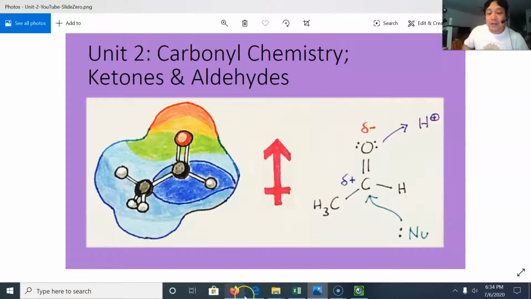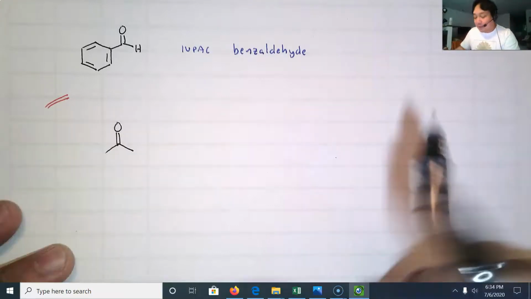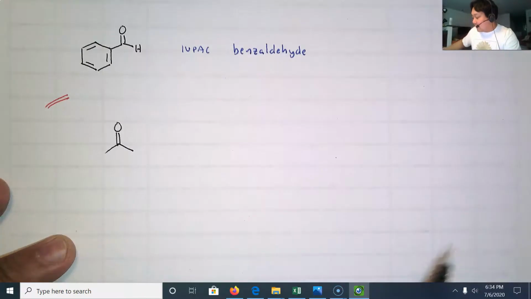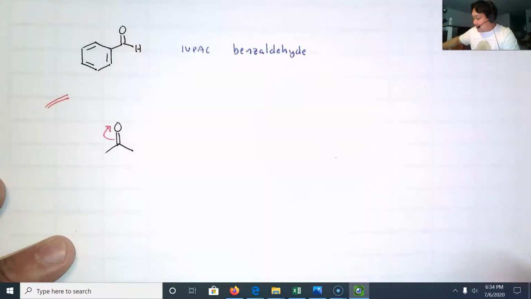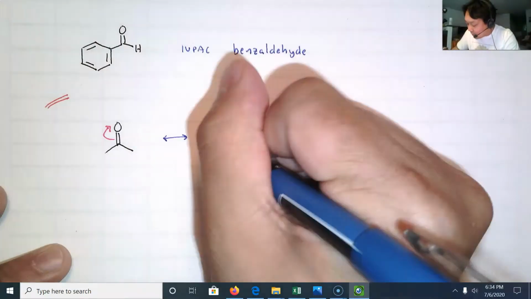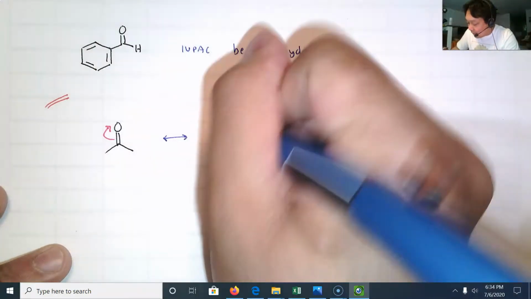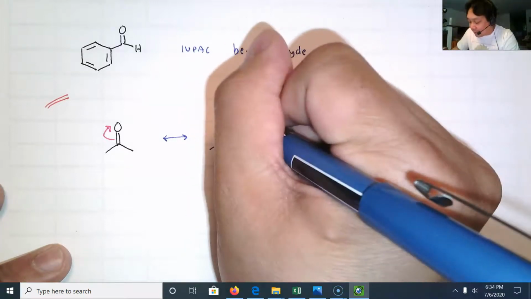There is one thing that I do want to draw, and then we can move on to some properties. There is an acceptable resonance structure for a carbonyl group, and it's this one right here. Now, you might think this is a little bit weird because it's not a very major contributing structure.